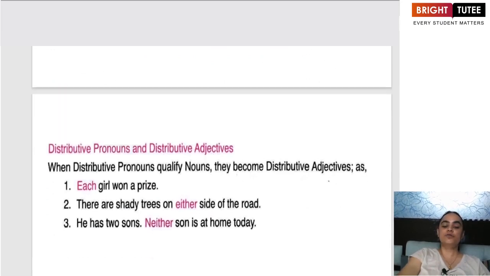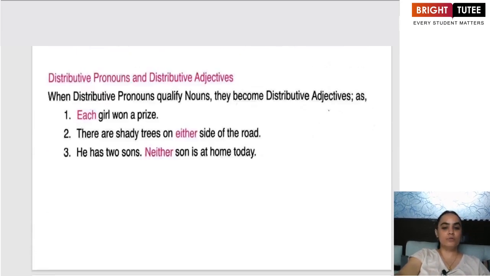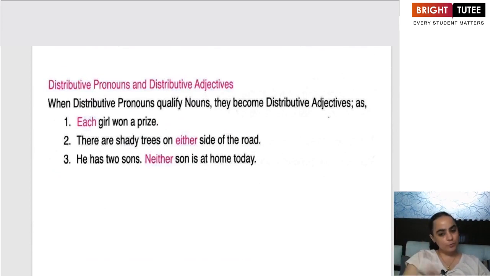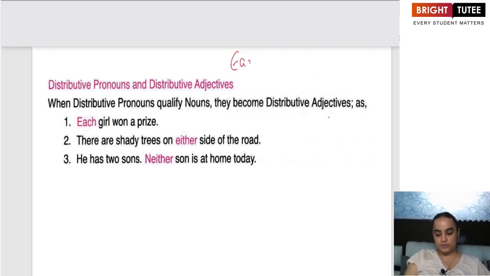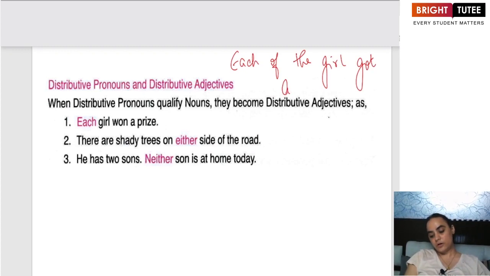Now, pronouns and adjectives, again you know the difference. When it is used along with a noun, it is an adjective. When it is used without a noun, it is a pronoun. Each of the girls got a candy.